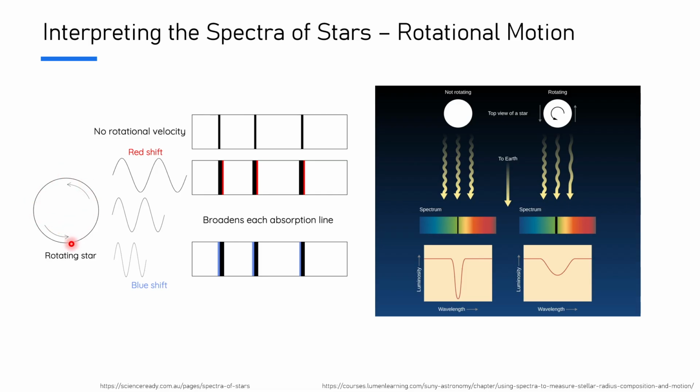But these are going to cause subtle differences in the relative velocity between the star and the Earth. And what that means is we're going to get absorbances that therefore occur at slightly different parts of the spectrum and make these absorption lines wider. And this is quite nicely exemplified in this little diagram over here on the right.